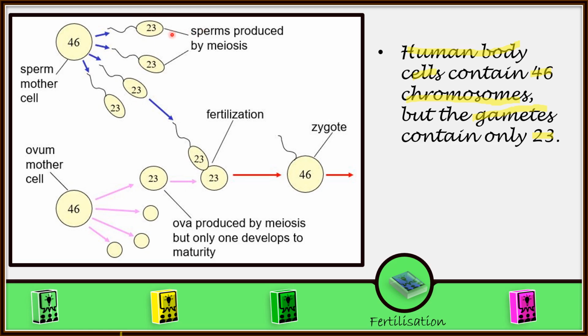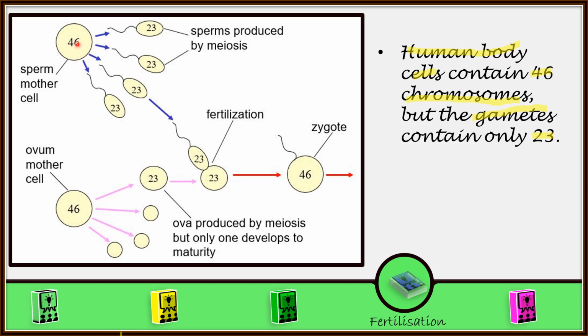So the sperms are produced by meiosis. So the human body cell contains 46 chromosomes. But when it undergoes meiosis to form the gametes, they end up with only 23 chromosomes, as we are seeing here.